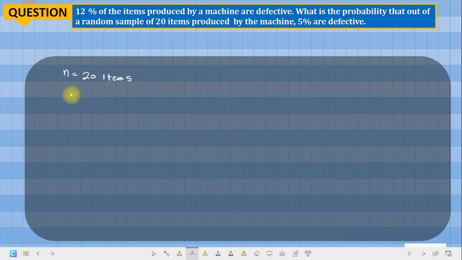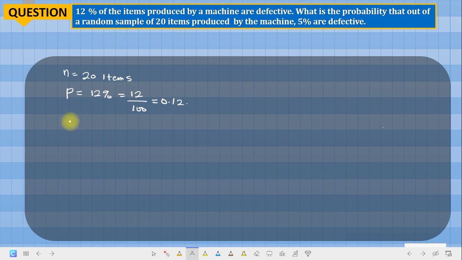Now, our 12% is the probability that the items are defective. That is, there are chances that out of everyone, 12% of them are defective. I will say that our P is the probability that the event will happen. 12 percent is the same thing as the fraction 12 over 100, and this gives us 0.12.